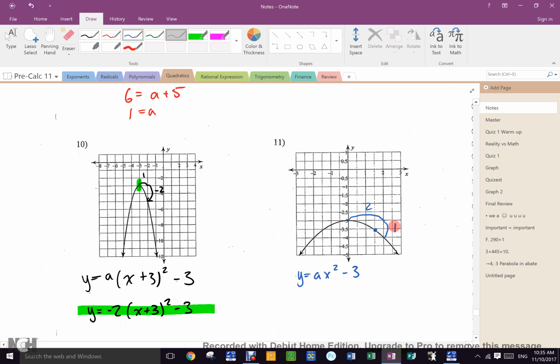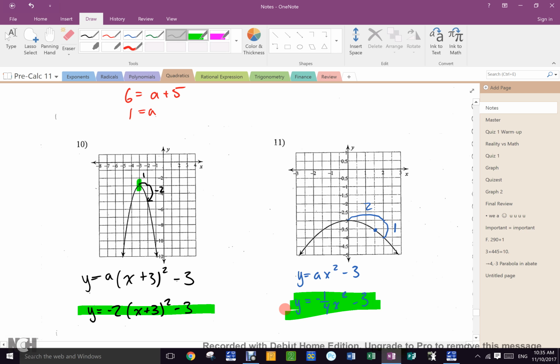How far should I have gone down when I went over 2? I should have gone down 4, but I only went down 1, which is 1/4, right? So my a had to be negative 1/4, x squared minus 3. Any questions on that one?